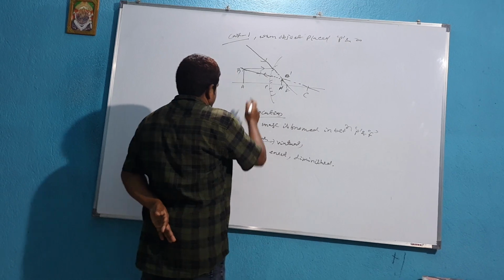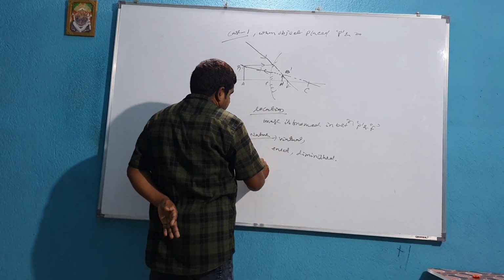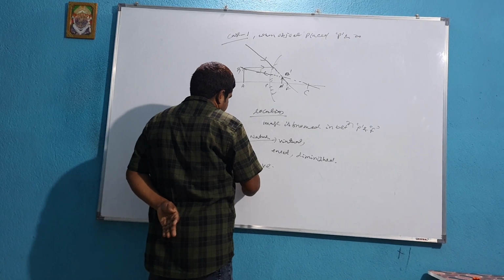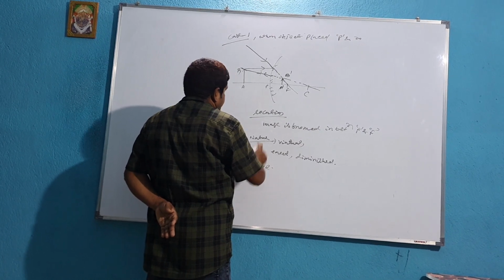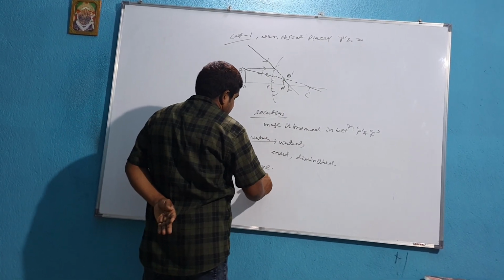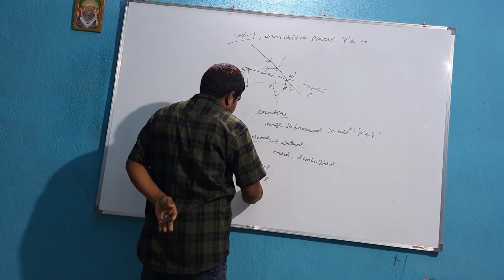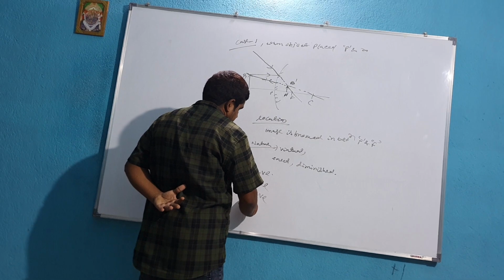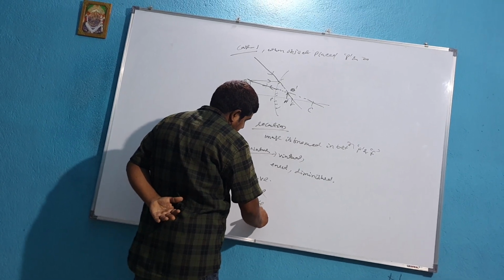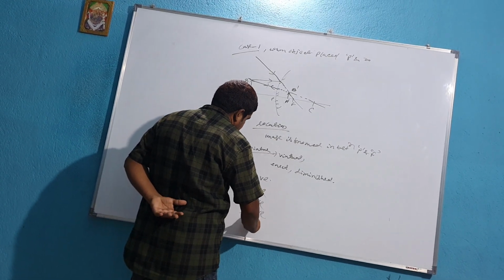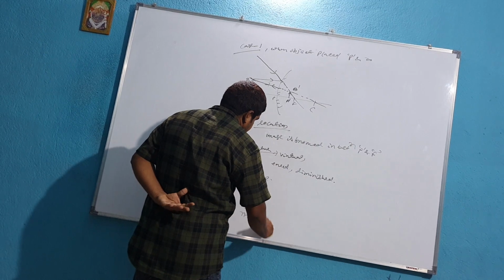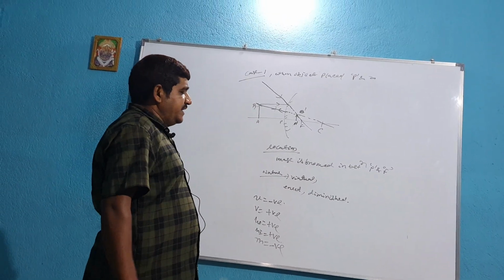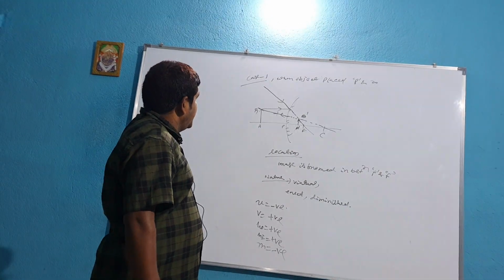U is negative. V is positive, on this side. Height of the object is positive. Height of the image is also positive. Magnification M is negative because the size will be reduced.